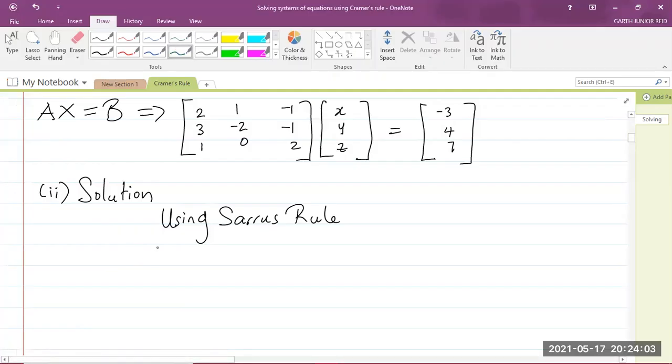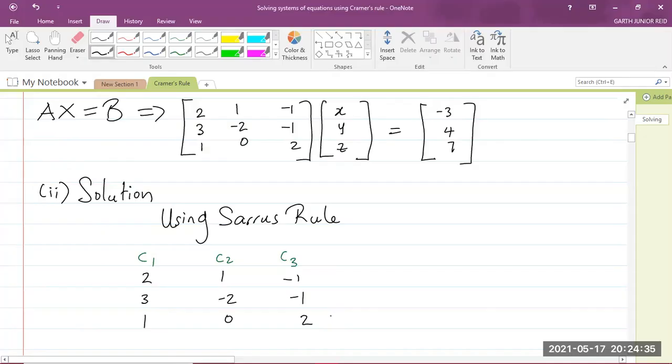We're going to write the first 3 columns of the matrix. So column 1, that is going to be 2, 3, 1. Then we're going to write column 2, which is going to be 1, -2, 0. Then we're going to have column 3, which is going to be -1, -1, and a +2.